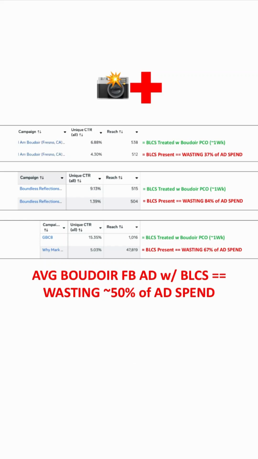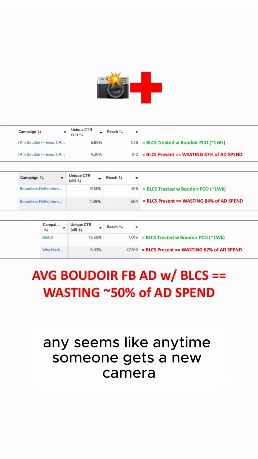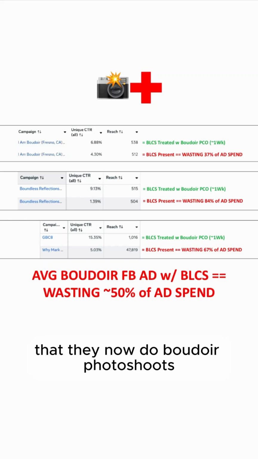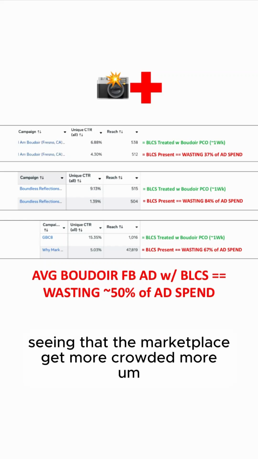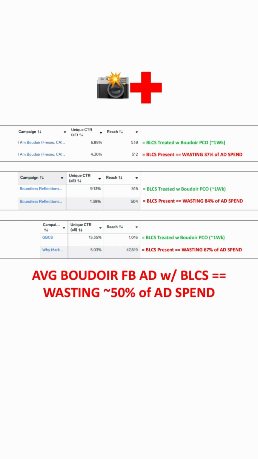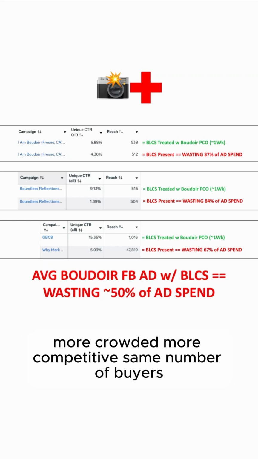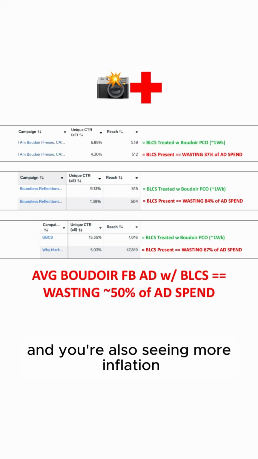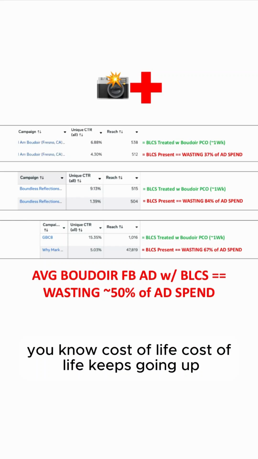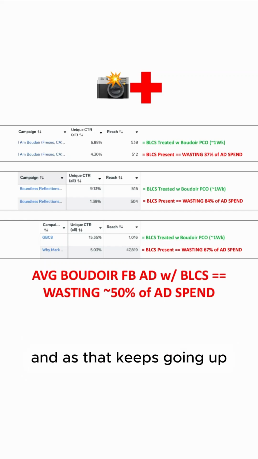And it seems like anytime someone gets a new camera, they're posting in the mom groups that they now do boudoir photo shoots. So you're seeing the marketplace get more crowded, more competitive, same number of buyers but more sellers, so harder to stand out. And you're also seeing more inflation, cost of life keeps going up.